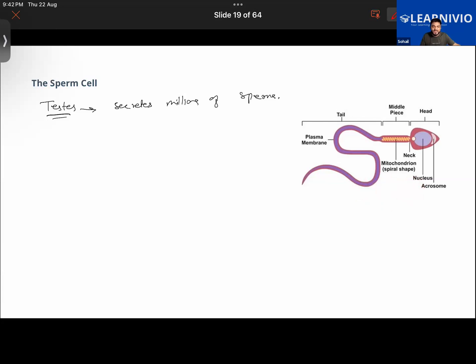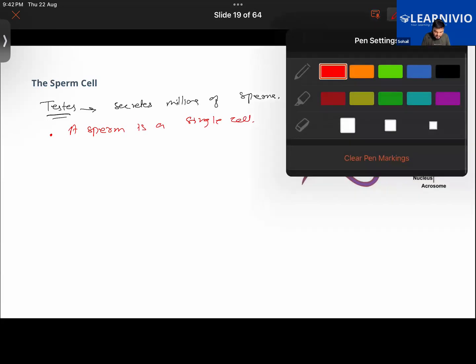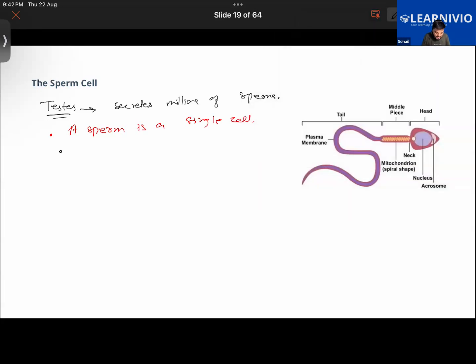It's not a multi-cell thing. It is just made up of one cell. Getting it, everyone? The body is divided into three parts. Let us understand what functions are performed by the different parts of the body.